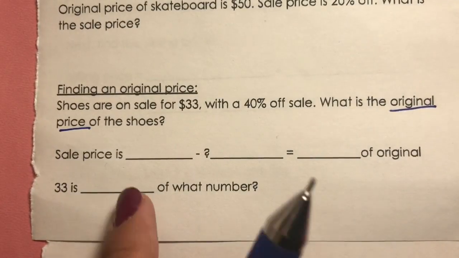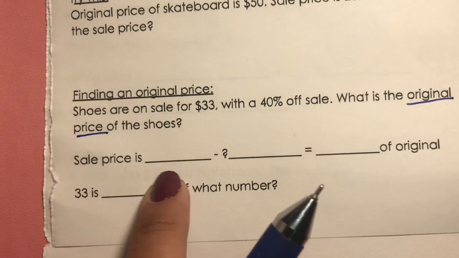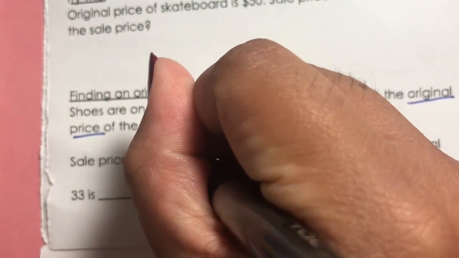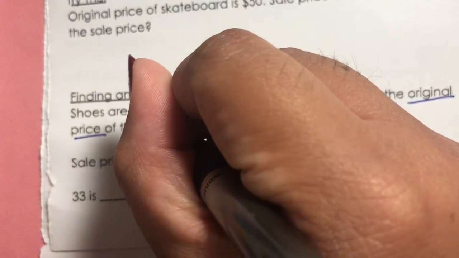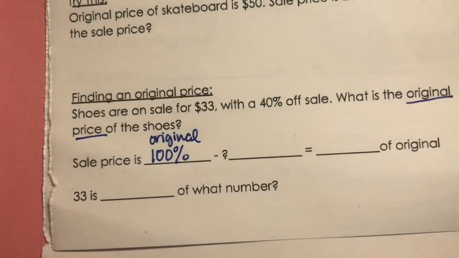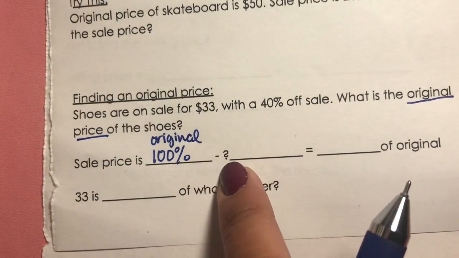First we've got to figure out what percentage we're going to be looking for. The original price represents the whole, and the whole is going to be 100%. The original price is 100% minus the discount.